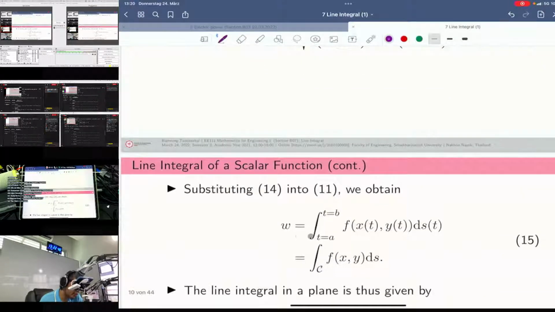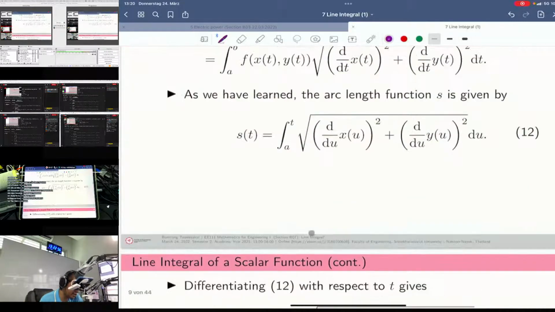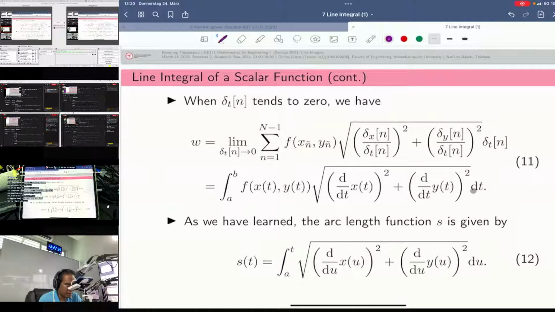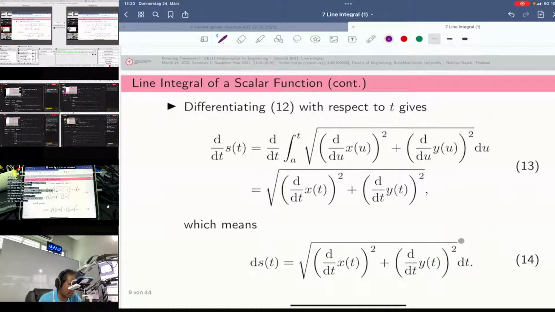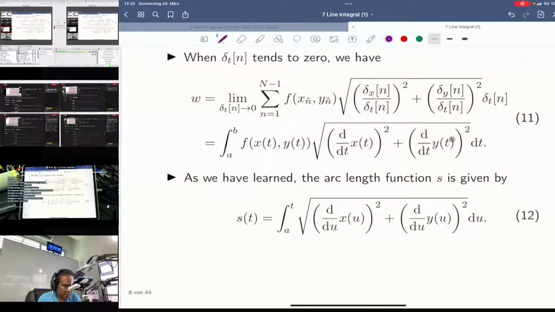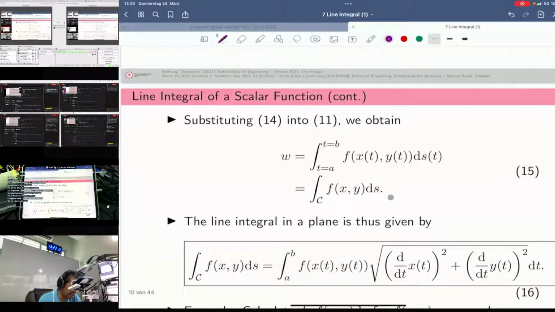We're going to have work again, and ds will be somehow like this. We replace this term by ds in equation 11. That's why we have this one, ds.